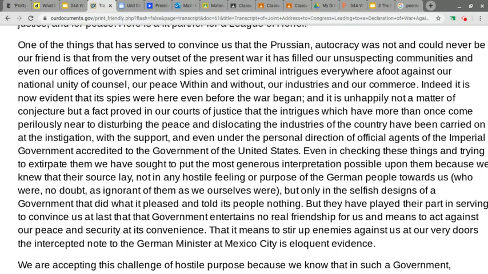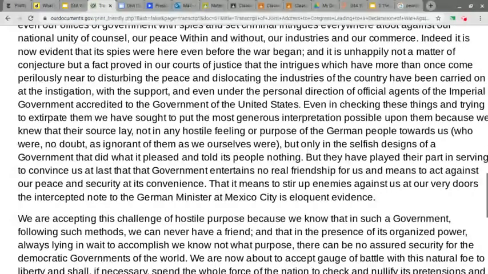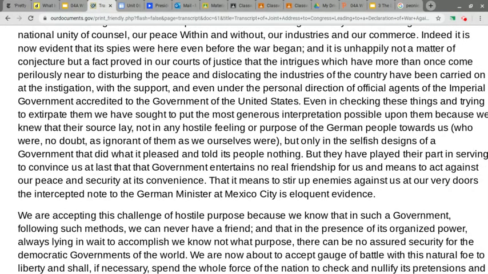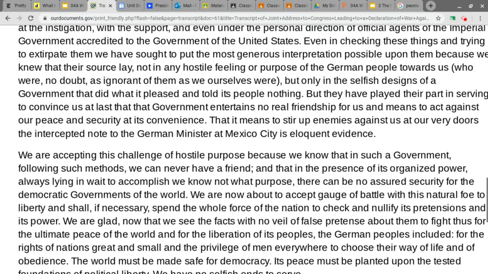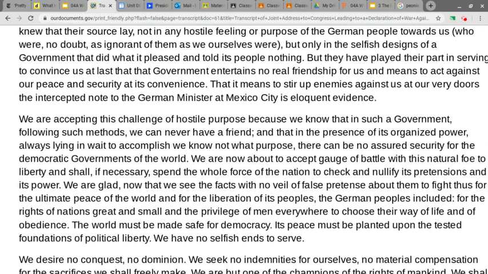Even in checking these things and trying to extirpate them, we have sought to put the most generous interpretation possible upon them, because we knew that their source lay not in any hostile feelings or purpose of the German people towards us, who were, no doubt, as ignorant of them as we ourselves were, but only in the selfish designs of a government that did what it pleased and told its people nothing.